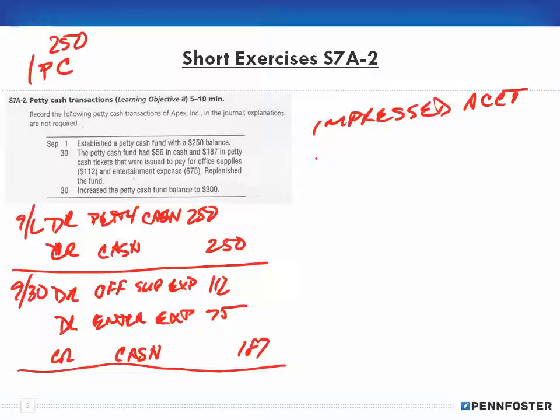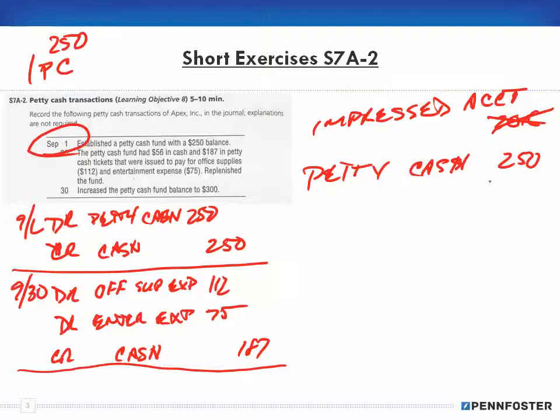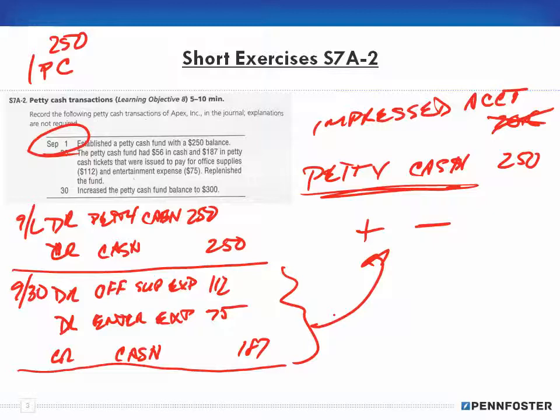And what that means is, when we made this first transaction for September 1st, and we moved the cash from 20,000 and put the $250 in the petty cash, the only transactions that go into that account are transactions to either increase the petty cash or to decrease the petty cash from its original amount.